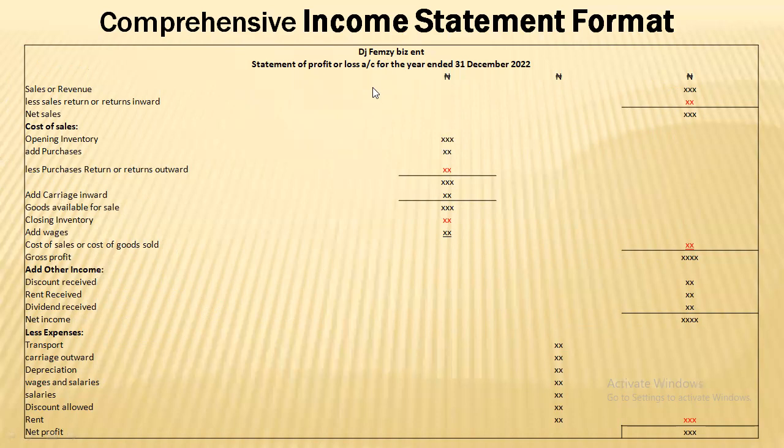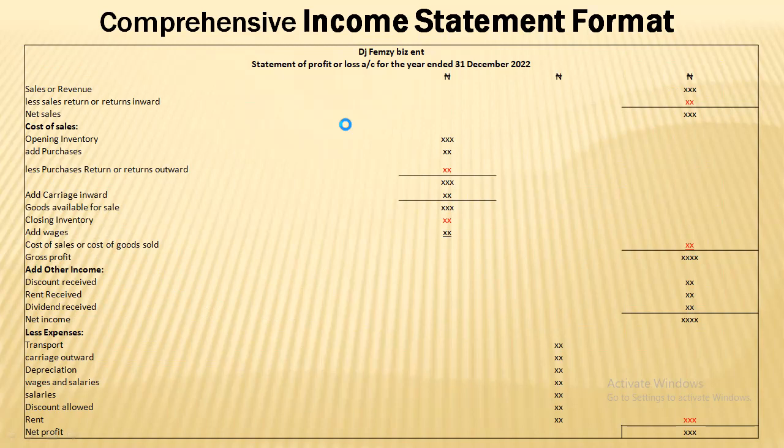So you can see the headings consist of the name of the organization, as the case may be. You can see this is for DJ Femzi Business Enterprise. So the name of the organization needs to be included in the account you are preparing. Also, you need to have a name for the account you are preparing.